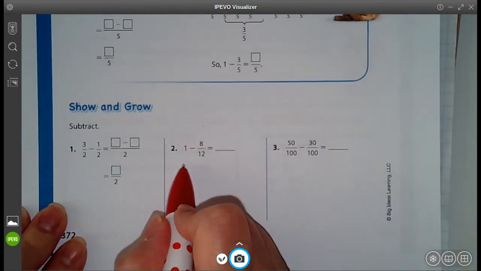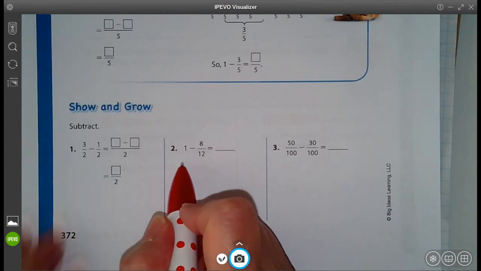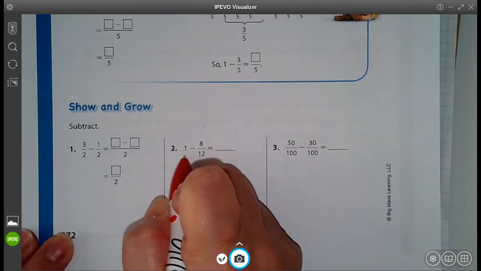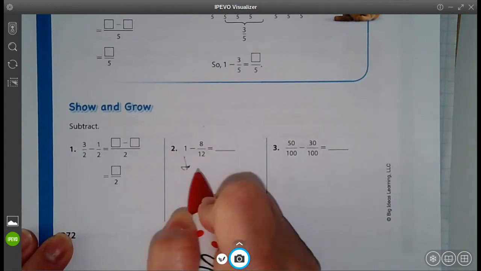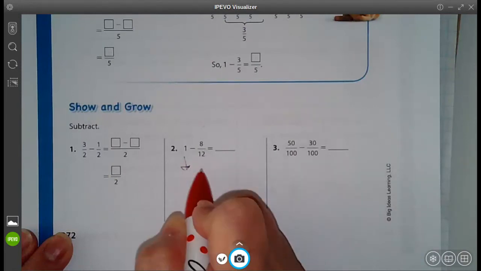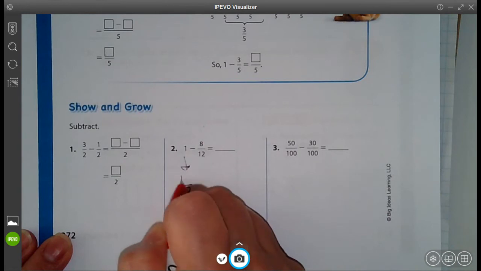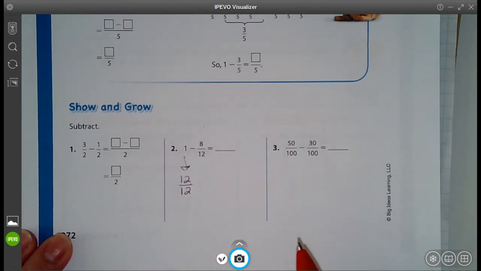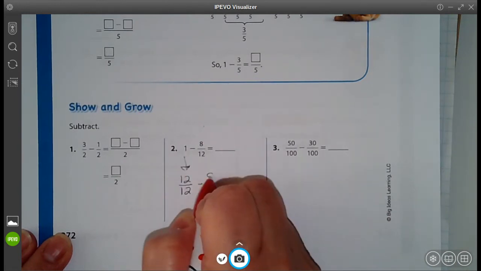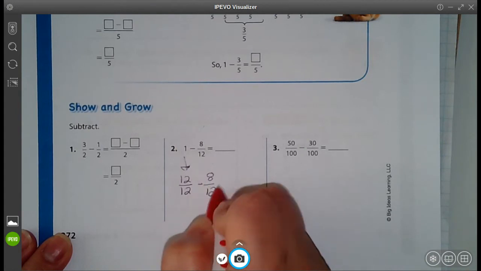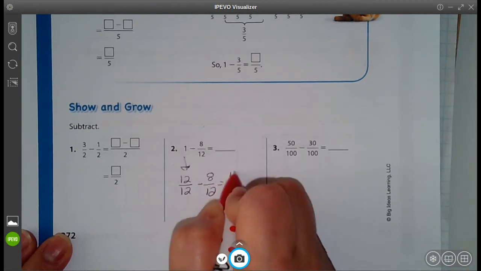And that was just like the problem we did at the very beginning. So we need to change or convert the 1 whole into a fraction with a denominator of 12. Well, let's make it 12/12 because that is the same as 1 whole. 12/12 minus 8/12 equals 4/12.